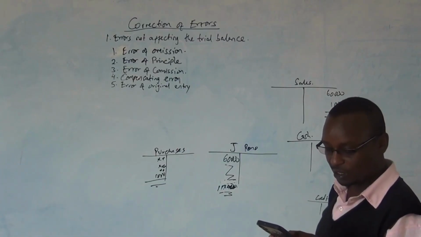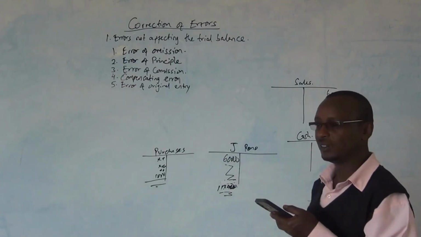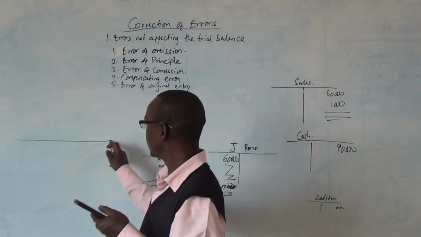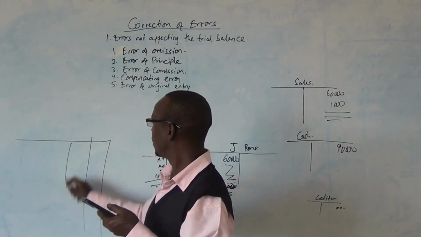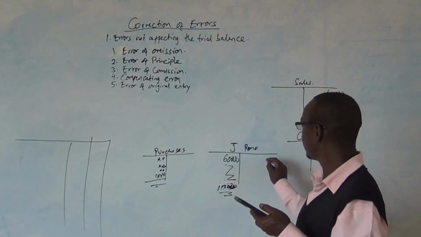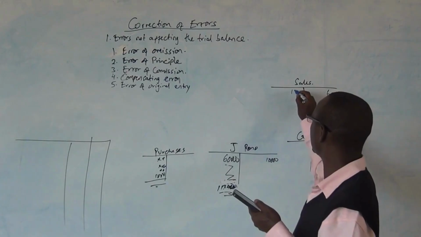And how do you correct it? If it was supposed to be 50,000, how are you going to correct it? You go to the journal. So if it was supposed to be 50,000, here you are going to credit 10, isn't it? Yeah. And also here you debit 10.